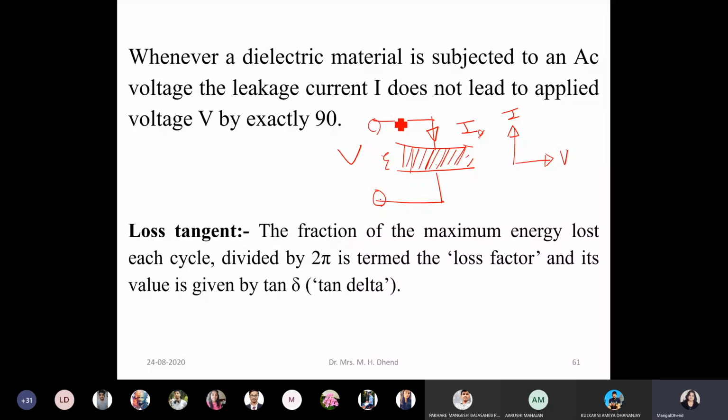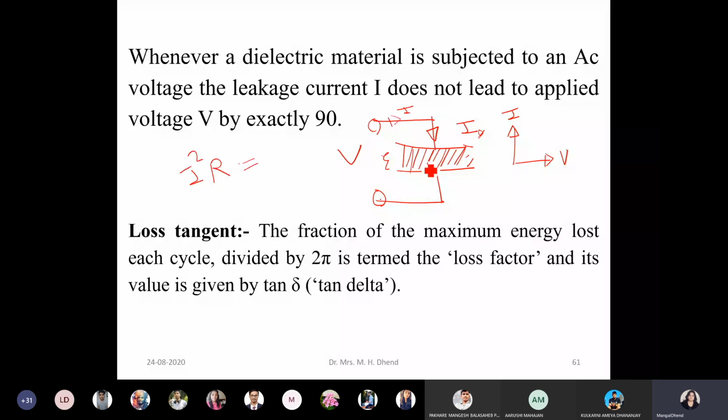Now why does energy loss occur? Because whenever current flows through any material, I squared R loss takes place. As it has resistance, whatever leakage current is flowing, the I squared R loss will be the power loss, the dielectric loss.